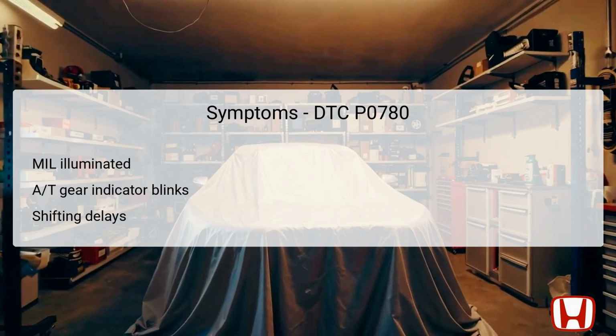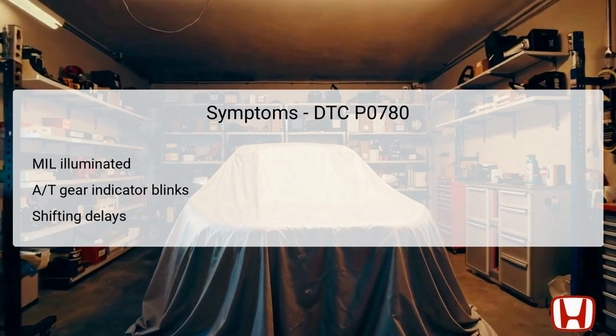When DTC P0780 is present, several symptoms might become evident during vehicle operation. The most notable symptom is the illumination of the malfunction indicator light, MIL, which signals that the engine's management system has detected an issue. Additionally, the automatic transmission AT gear position indicator may blink, which is a direct visual warning of transmission malfunction.